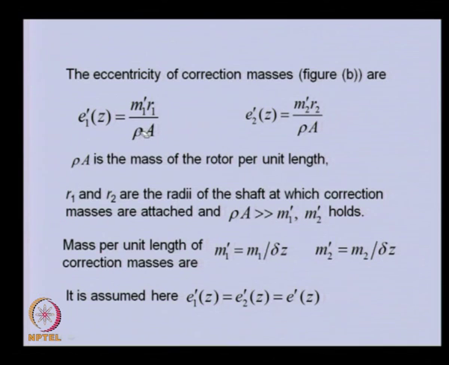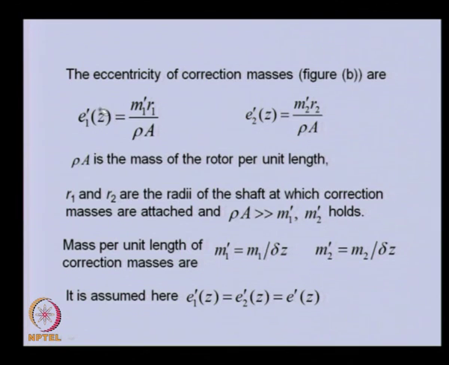Corresponding to the shaft eccentricity, the mass of the shaft times this eccentricity times omega square will be the equivalent force which the shaft eccentricity will exert. So we can calculate the shaft eccentricity equivalent to the correction mass like this.